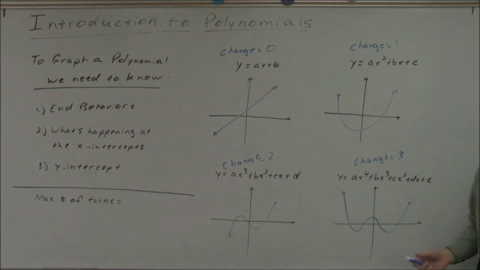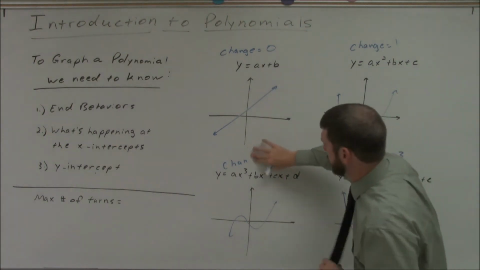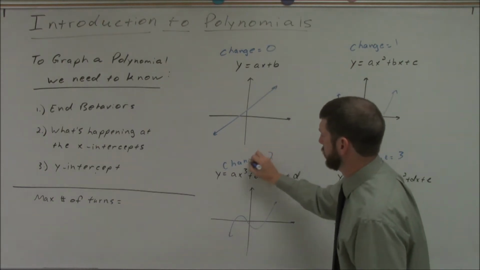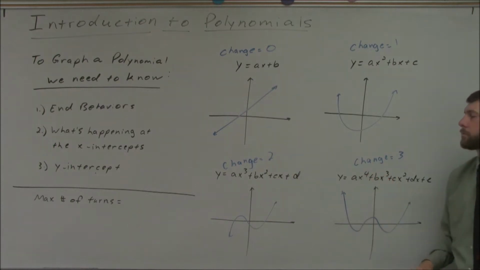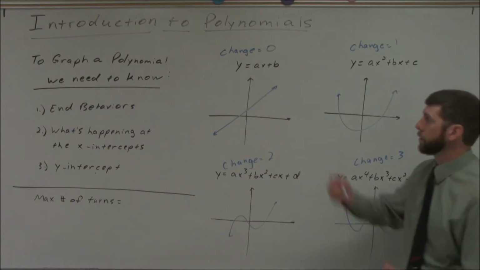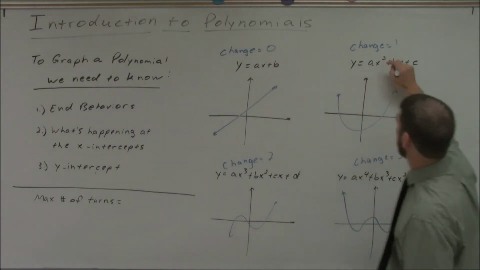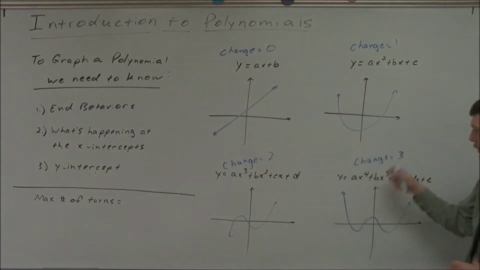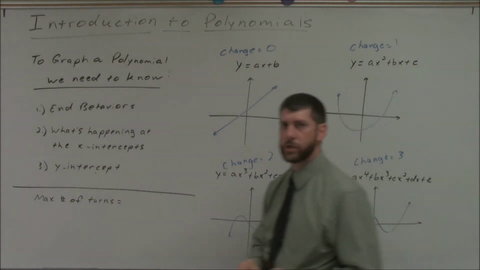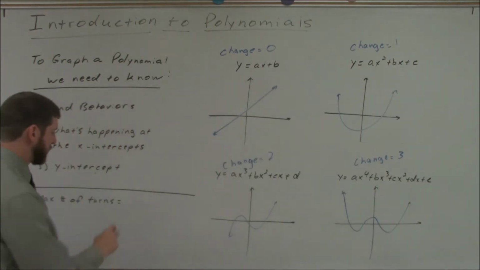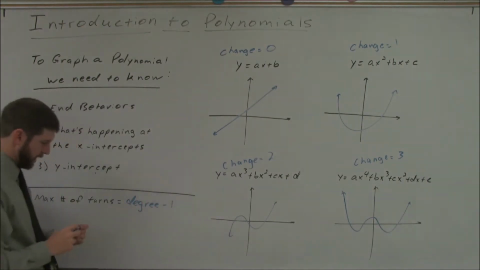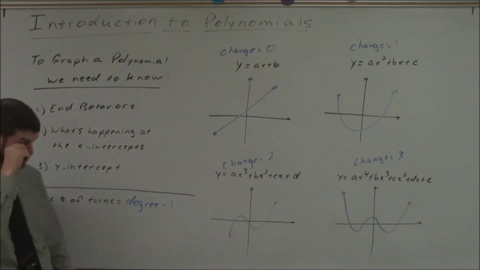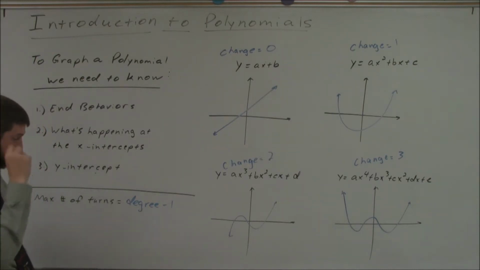Can we make a conjecture about the relationship between the number of turns a polynomial can make and the actual degree of the polynomial? Well, if you'll notice, 1 to 0, 2 to 1, 3 to 2, 4 to 3, the maximum number of turns a polynomial can make is always 1 less than the degree. So the degree minus 1 will always give us the maximum turns of the polynomial.